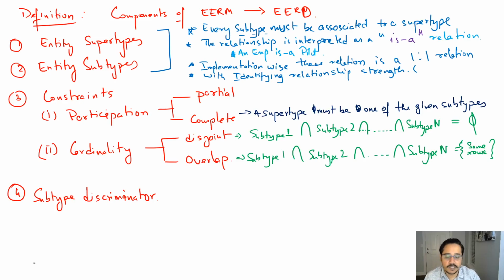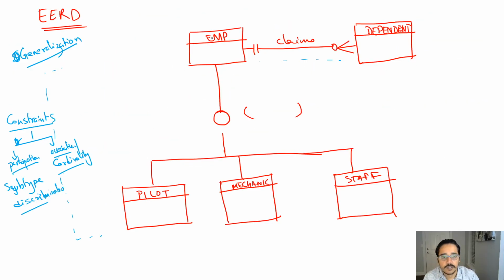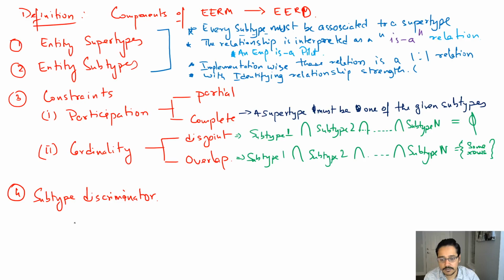So for this particular example, all the rows in an employee must be either a pilot, a mechanic, or a staff. At least one. It has to be, right? Whether it is more than that is determined by cardinality after that.